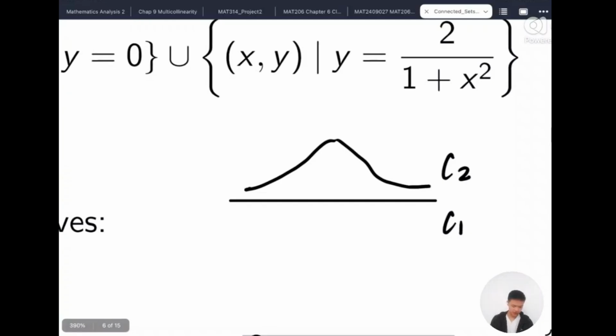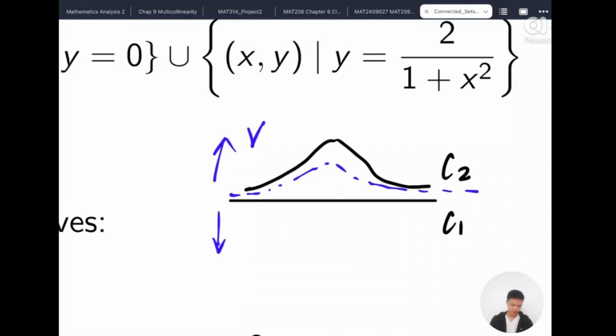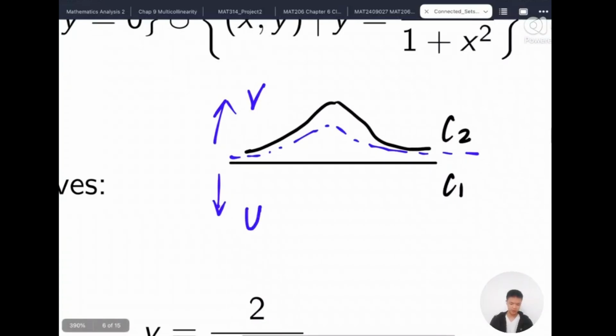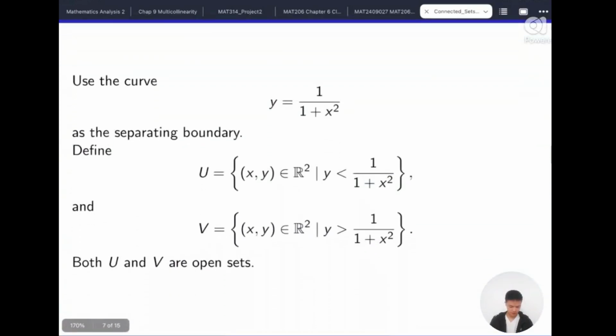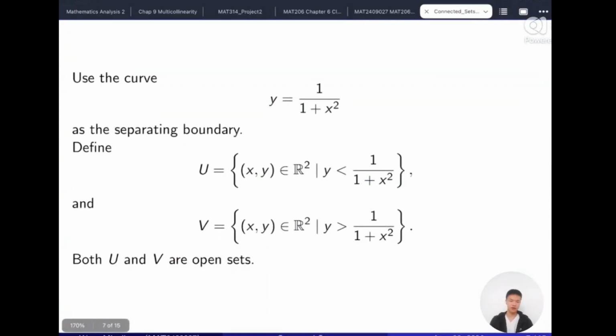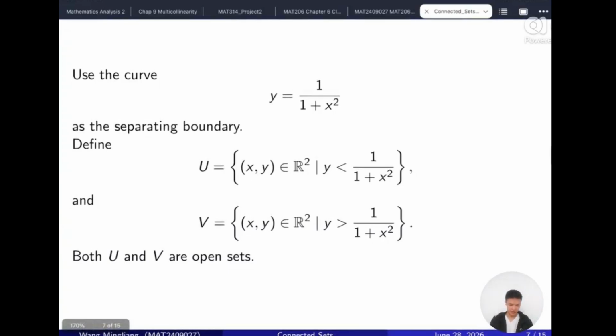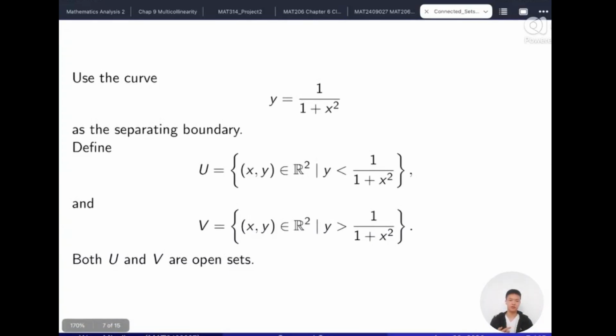We can separate somewhere like this. We define the above as set V and the below as set U. So here is the U, V I defined. You can define other U, V if they satisfy the definition. And we can check the 4 conditions to make sure it's a true separation.